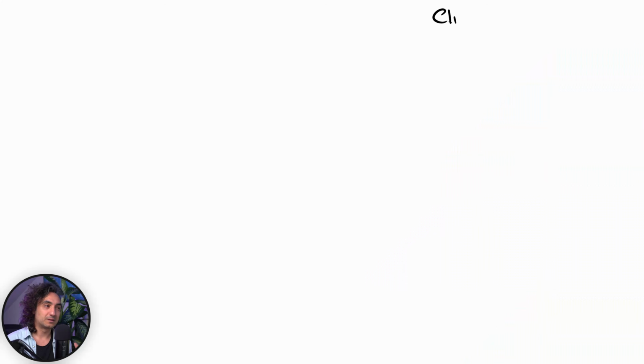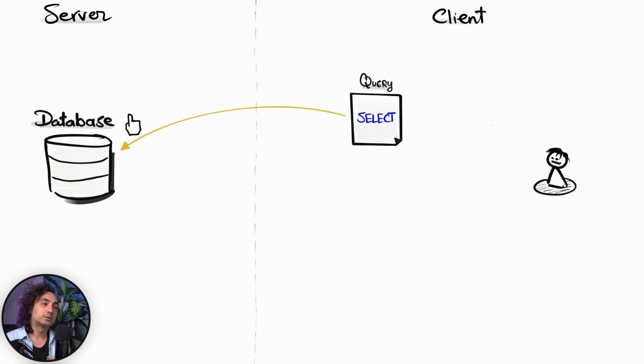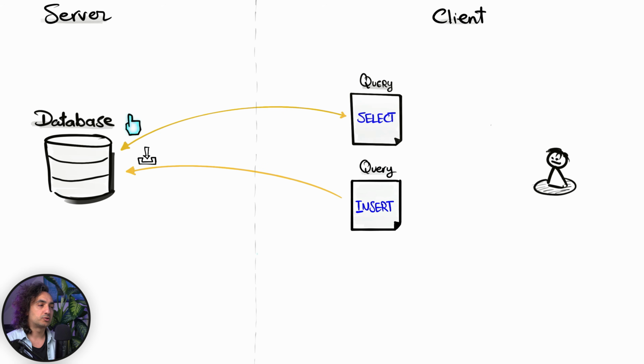Alright, so now let's start again from scratch. We always have these two sides: the client side and the server side of the database. We have a database, and you as a user can create different SQL statements. For example, a SELECT statement to retrieve data from the database, or another statement where you are inserting data, and another one where you are updating the content of your tables, and so on.